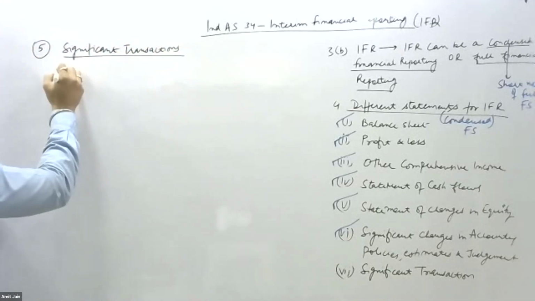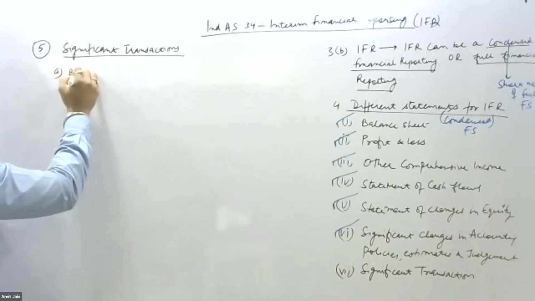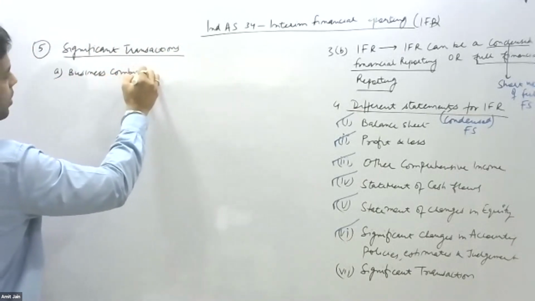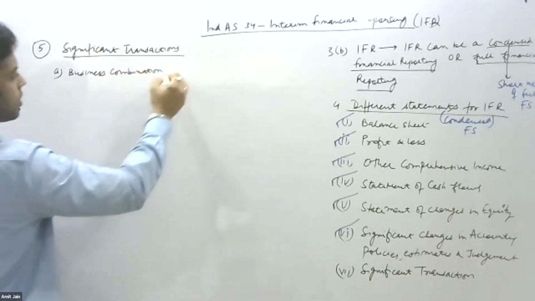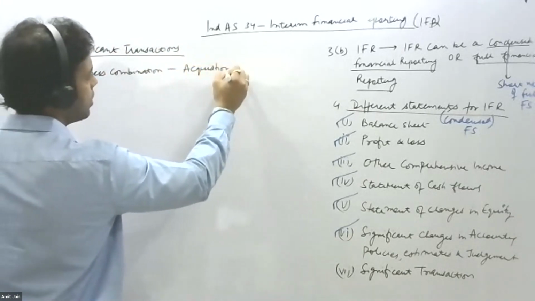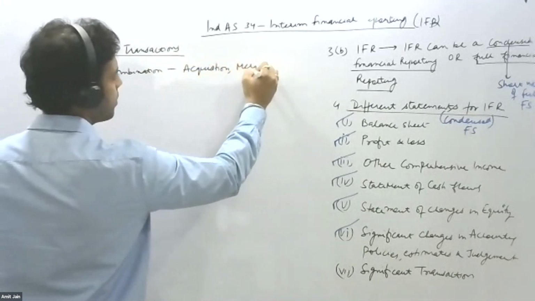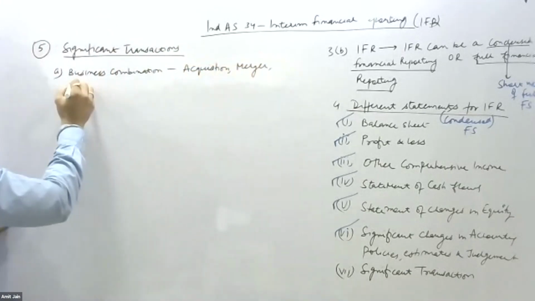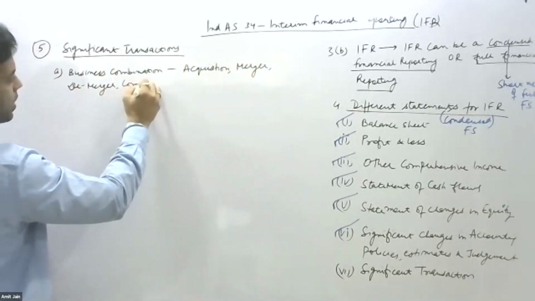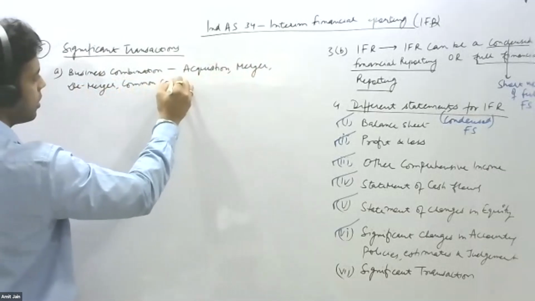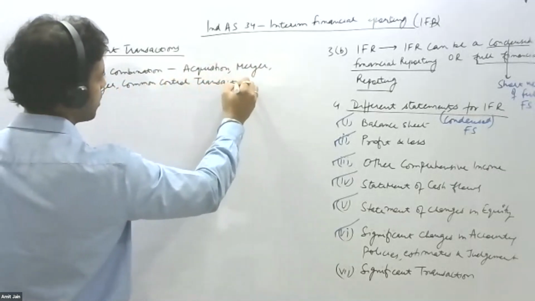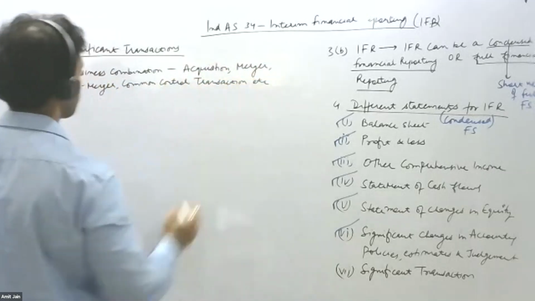For example, business combination, acquisition, merger, demerger, common control transaction, etc. Right?